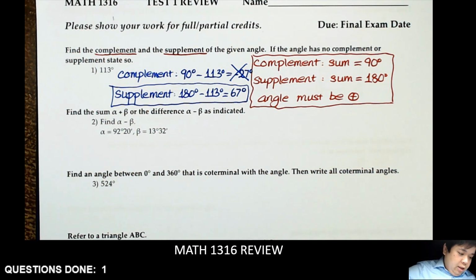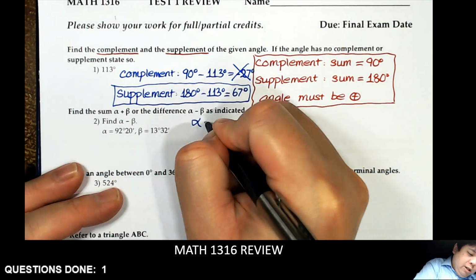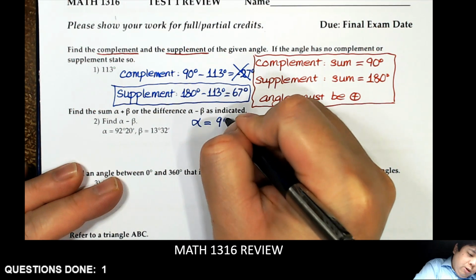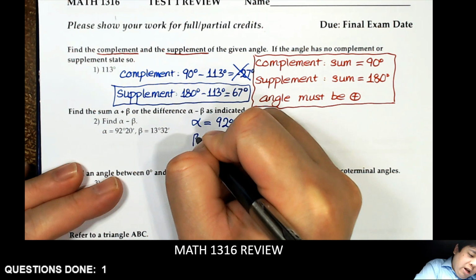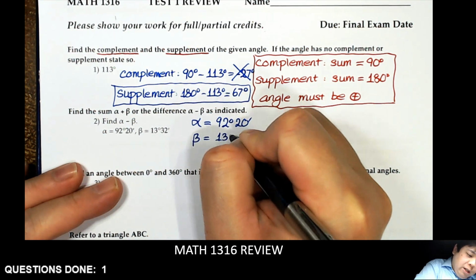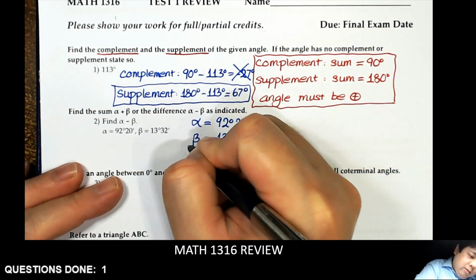We have alpha equal to 92 degrees 20 minutes, beta 13 degrees 32 minutes.